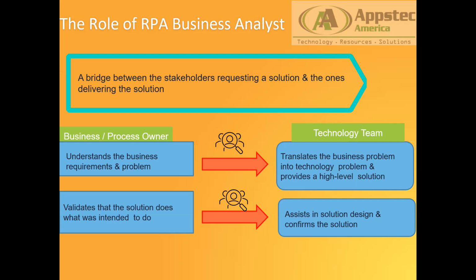So that's one way. The other way is, I have seen certain companies where they agree to involve the technology team right at the beginning, along with the business teams. Why, what is the reason for that?